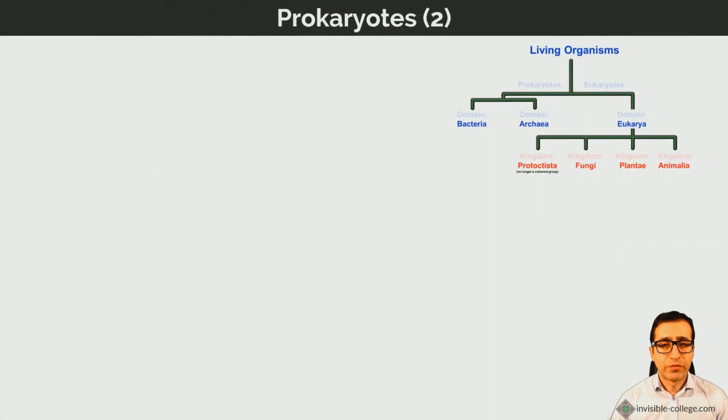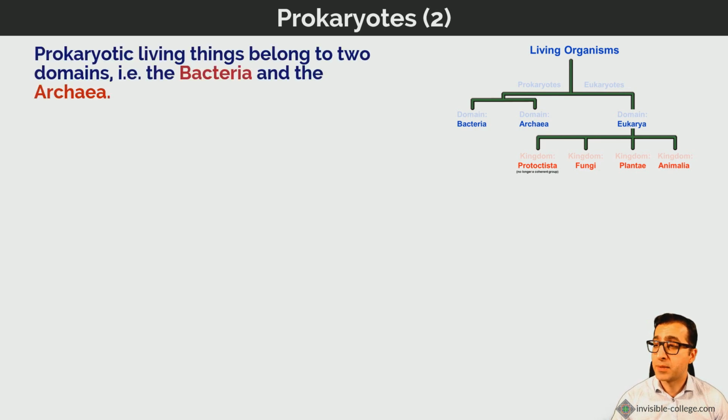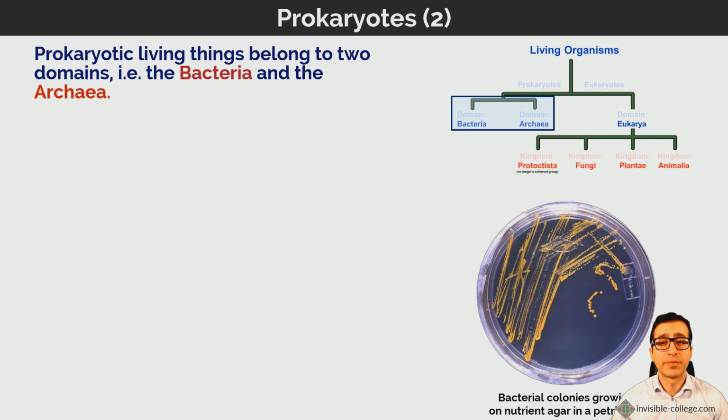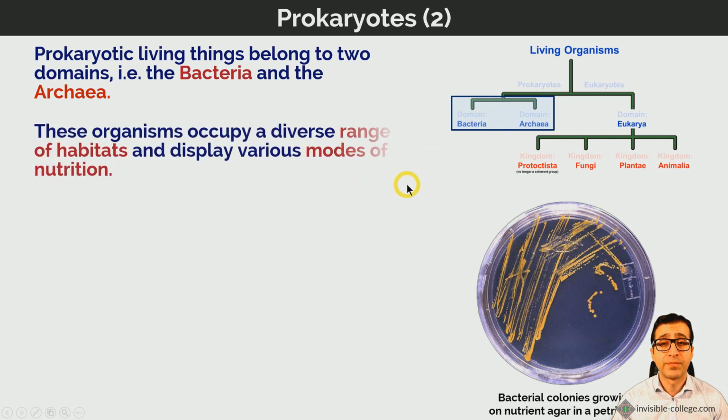So let's take a look at some more features of prokaryotes here. Prokaryotes are the organisms that belong to either the bacterial or the Archaea domain. These are both prokaryotic organisms, but they are a little bit different from each other. These again will occupy a very diverse range of environments and habitats, and also show a couple of different modes of nutrition.